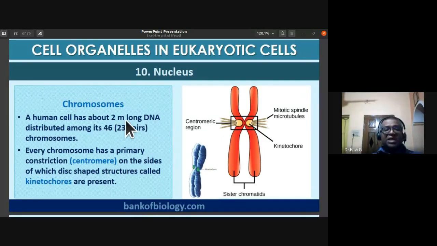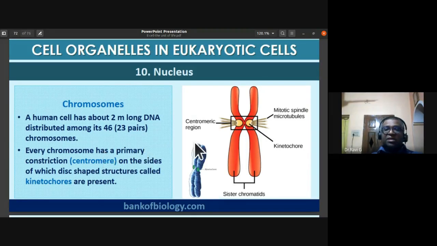A human cell has about 2-meter long DNA distributed among its 46 chromosomes. We have 46 chromosomes diploid, 2n equals 46. Haploid is 23, so we can also call it 23 pairs of chromosomes.